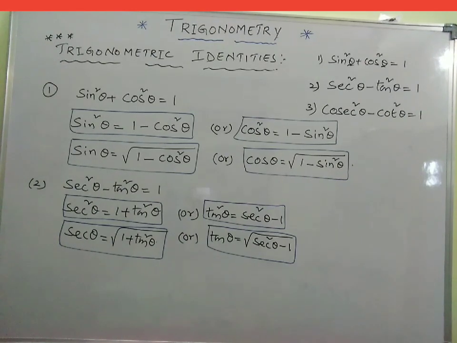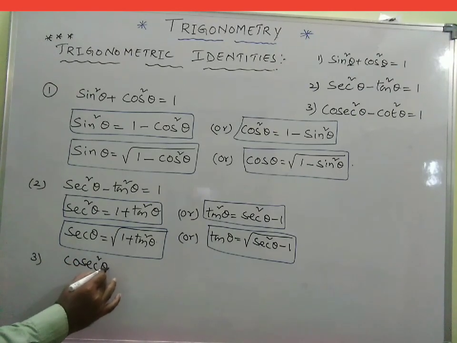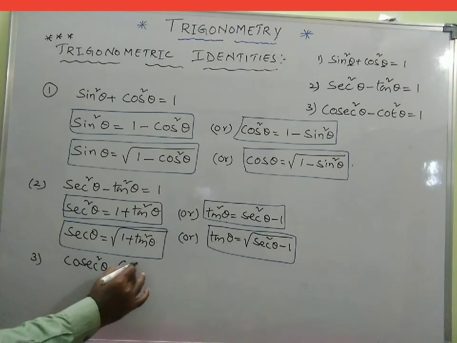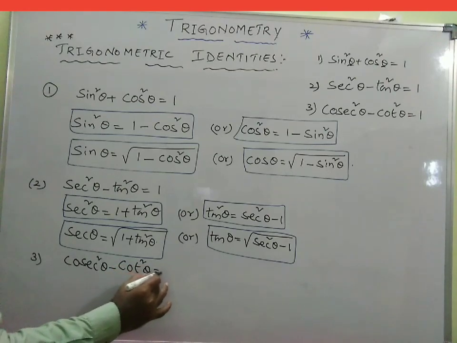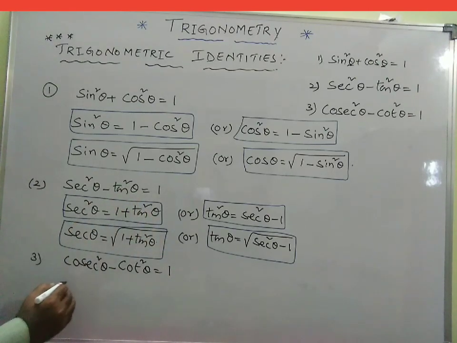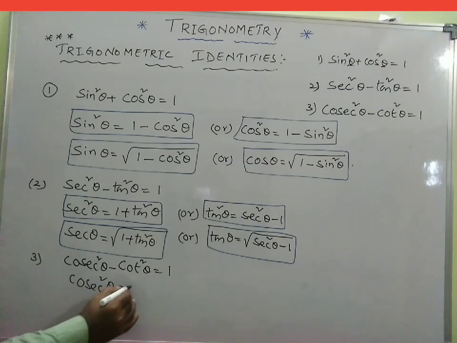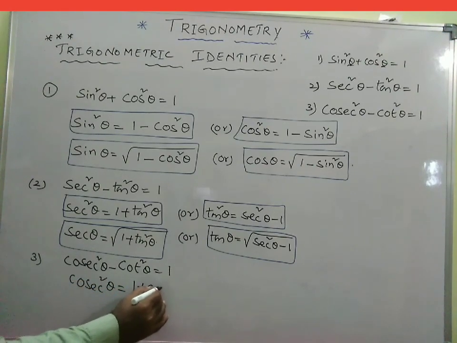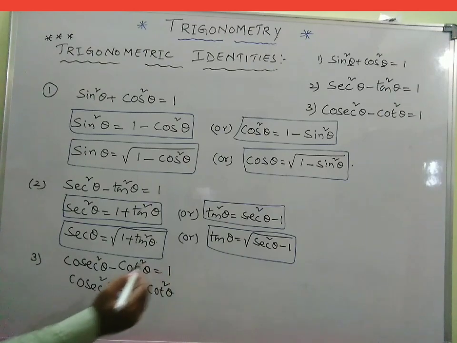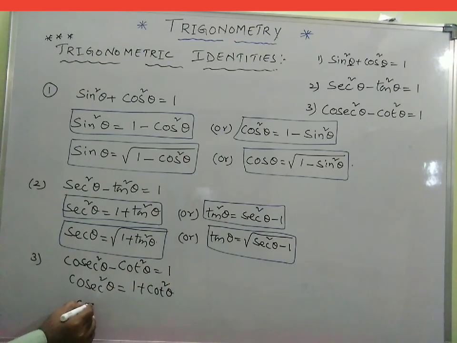Then coming to the third identity, which is cosecant square theta minus cot square theta, which is equal to 1. From this, cosecant square theta is equal to 1 plus cot square theta. Now can you tell me what is cosecant theta?